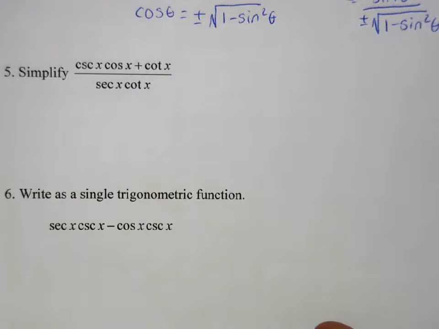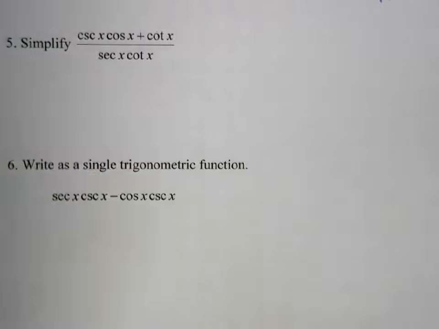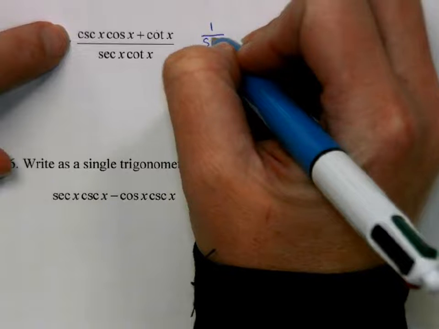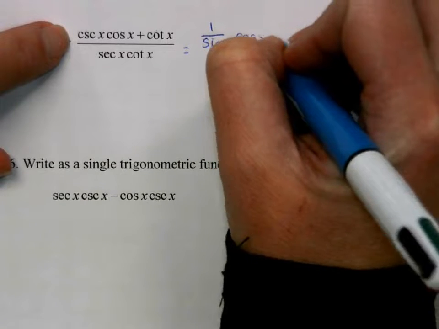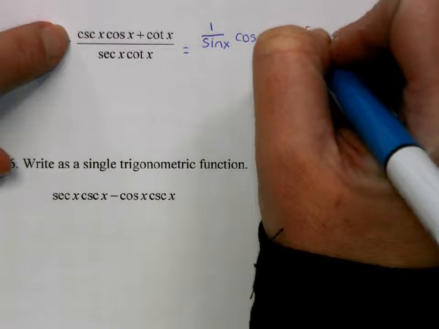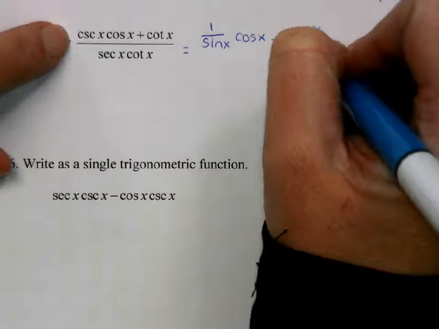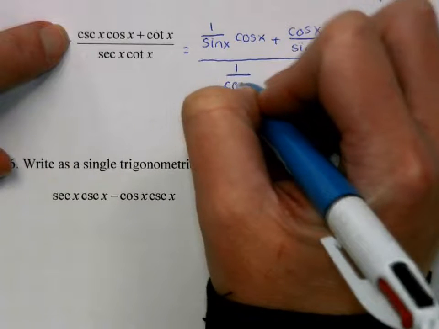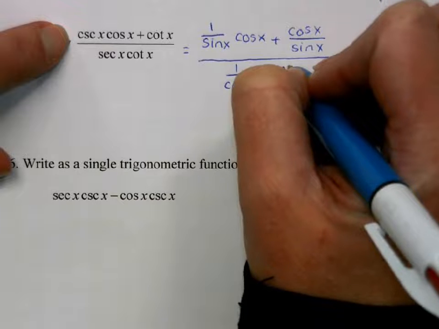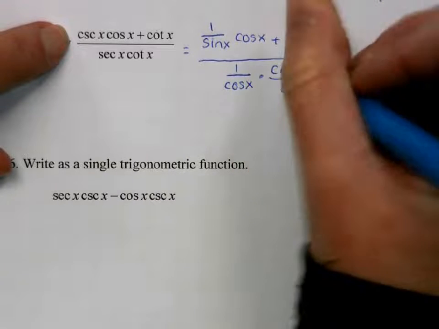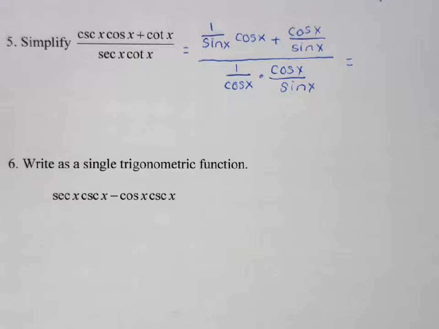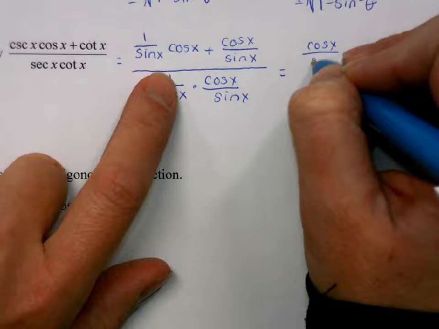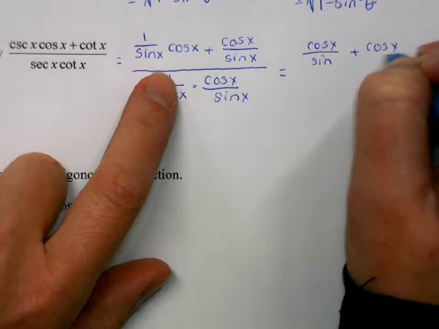Okay, for these next problems, we are simplifying. So one strategy in doing that is to turn everything in terms of sine and cosine. So cosecant is 1 over sine, and we've got cosine, plus cosine over sine. All of that over 1 over cosine times cosine over sine. Okay, so moving across here, we're going to have cosine over sine plus cosine over sine.